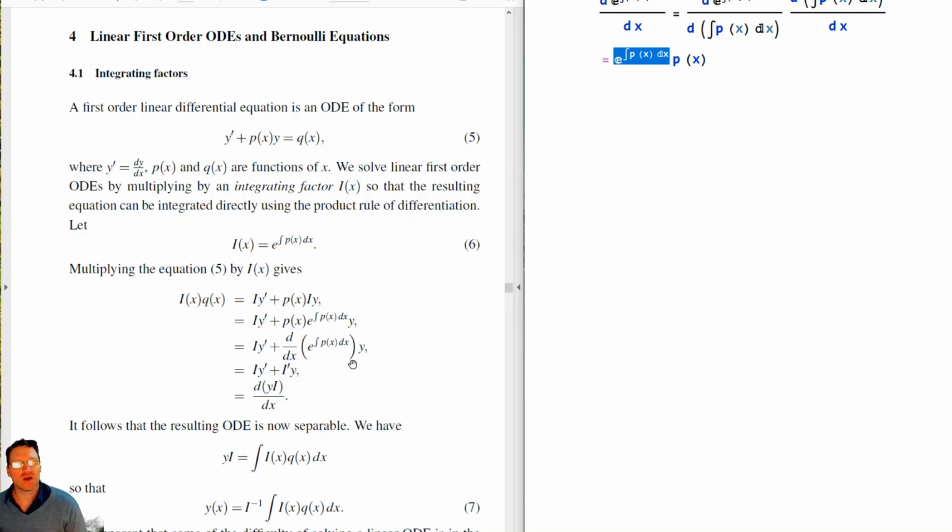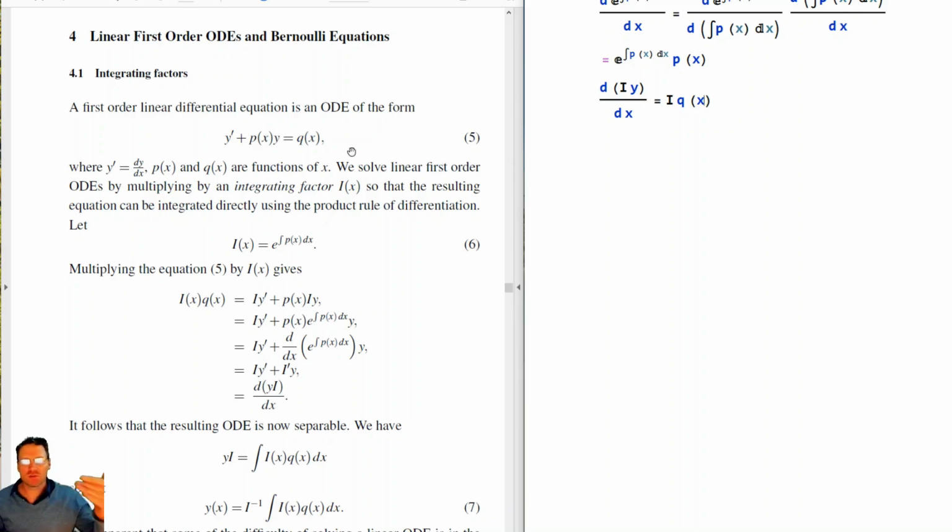At this point we can call this I dash, because that's the derivative of I. And so we have I times y dash plus I dash times y, which by the product rule of differentiation is the derivative of the product of y with I. This allows us to separate the ODE now, because what we have is d on dx of Iy is equal to I times q of x.